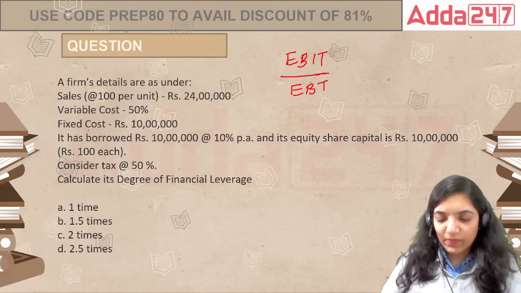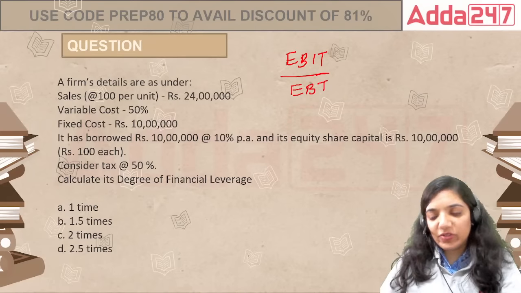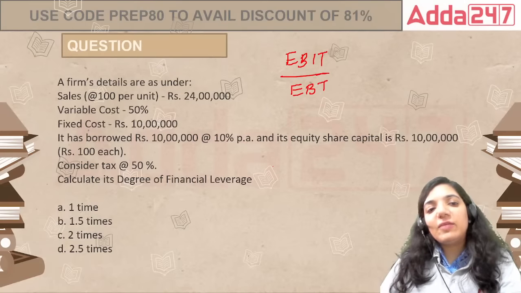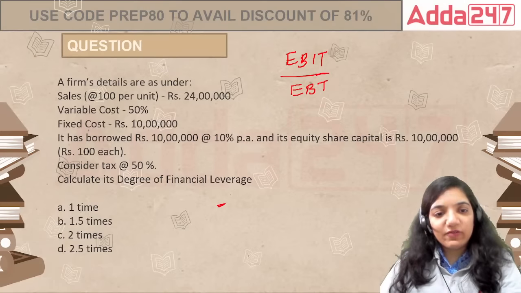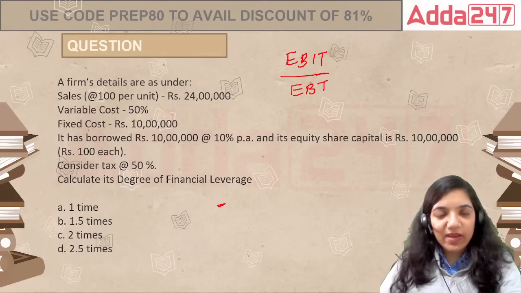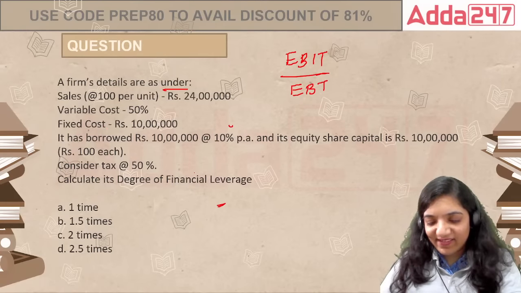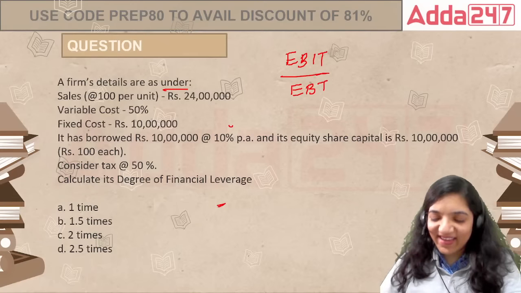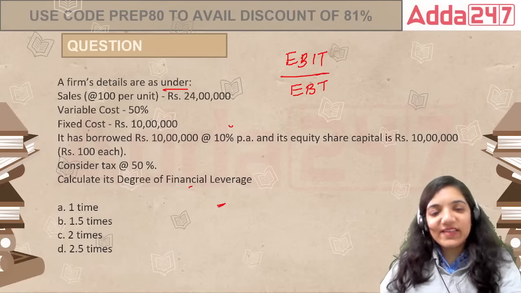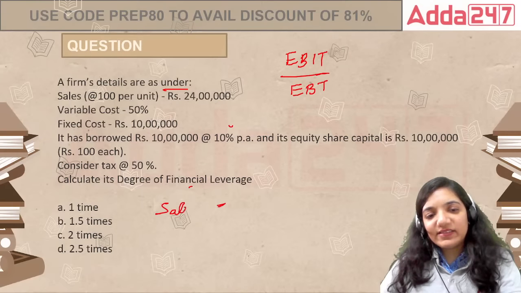Okay. Now, let's look at this question as well. Let's find out the EBIT upon EBT. For this, first of all, I will have to find my EBIT. The total cost is 24 lakh. Sure, sir, then go ahead and try it. I'll just write the basics here. Sales is 24 lakh rupees.